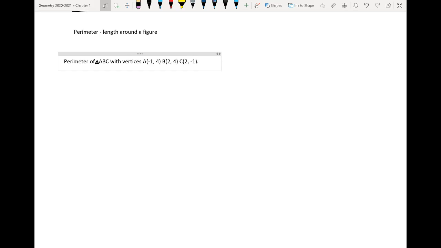Gentlemen, when you finish this problem, I do not want you to graph. You're not going to graph this. If you graph this, it shows me you don't know necessarily how to complete this problem. What I need instead is I need 3 lengths.